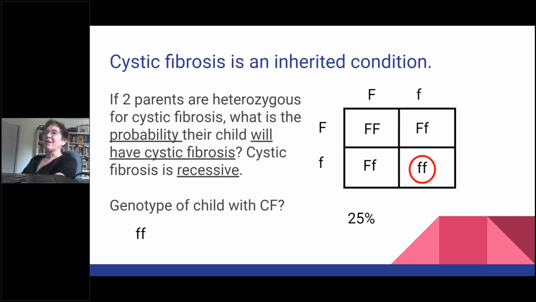This helps parents decide whether they might want to have children or not, or it may help you decide what kind of medications you want to take, or how you want to treat a potential disease that you have. So these are some real life examples of why genetics is so important.